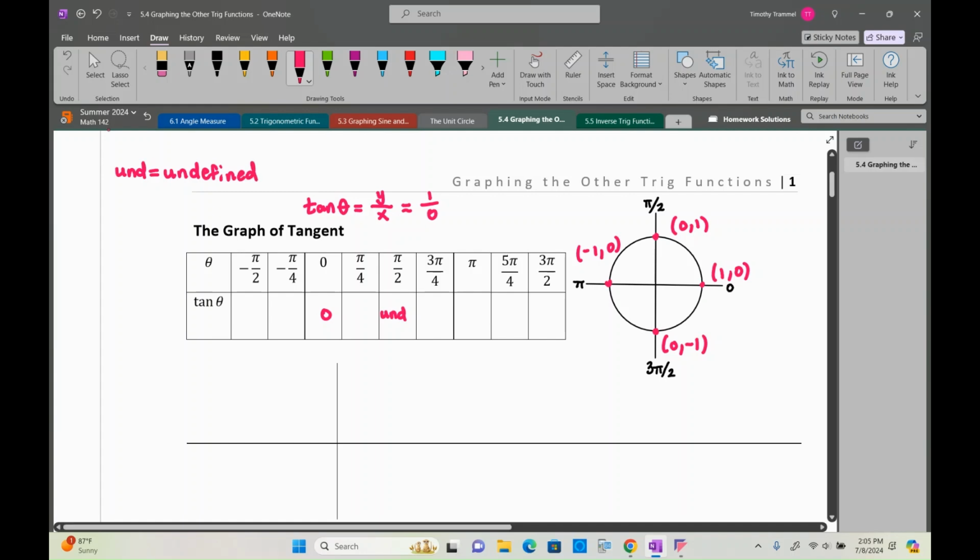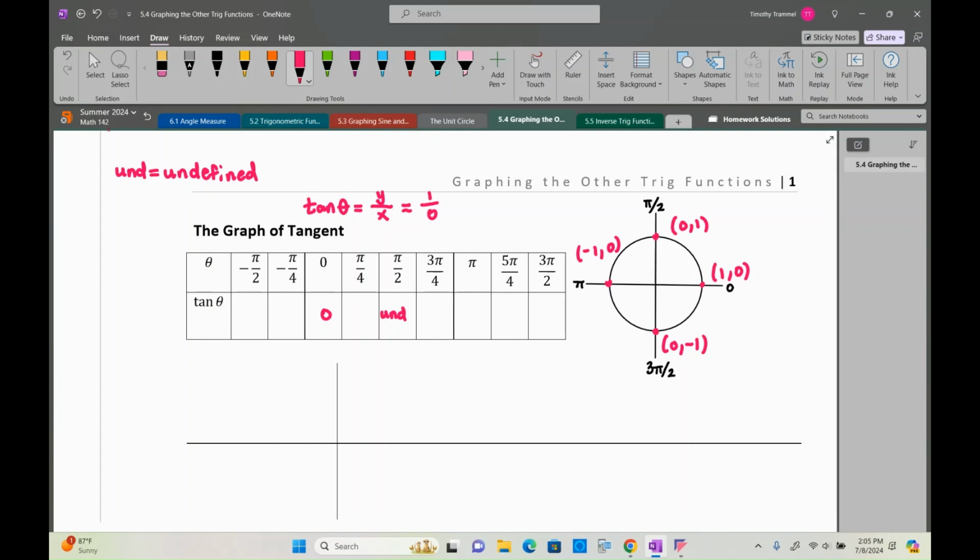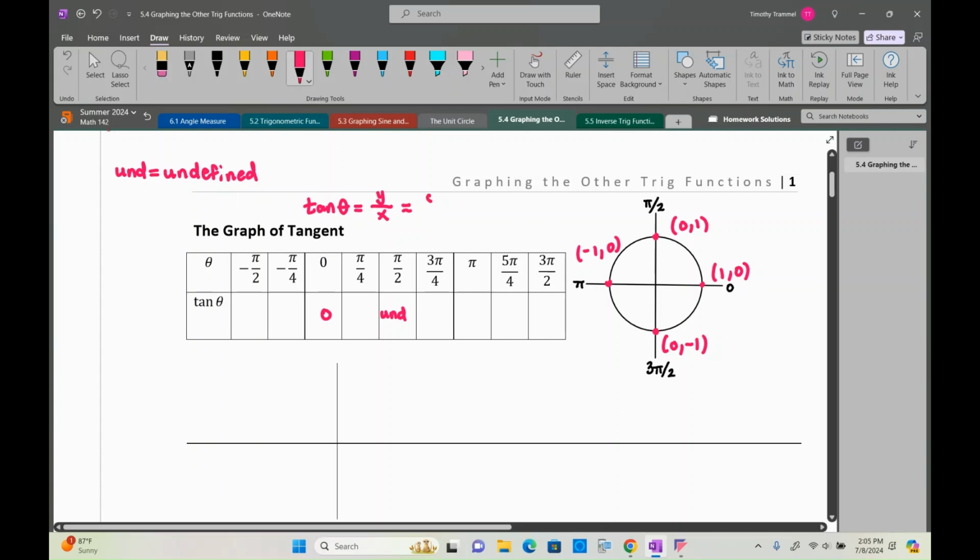All right. Then if we go over to pi, the next easy one, we should have y over x. So the y is 0, the x is 1. So this one here is going to be 0. Okay. And 3 pi over 2, coming back over to here, that'll be minus 1 over 0.